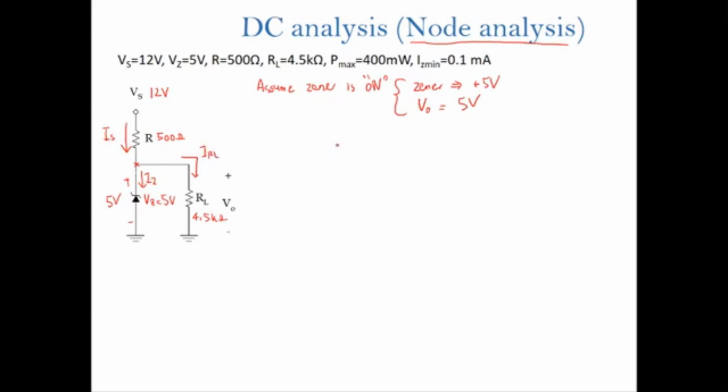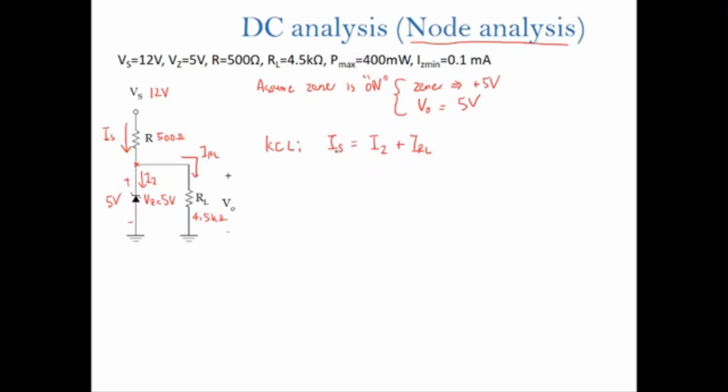For node analysis, start with KCL, Kirchhoff current law. For this node, the entering current, IS, is equal to IZ plus IRL. And then for each current, you apply Ohm's law.